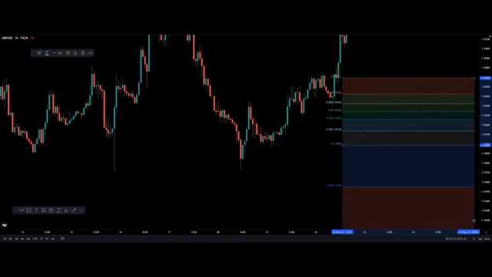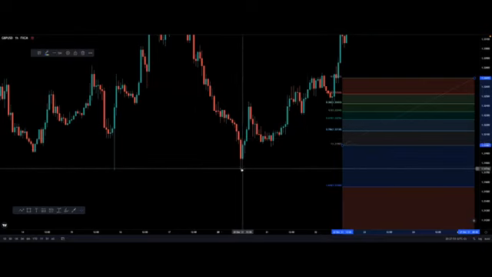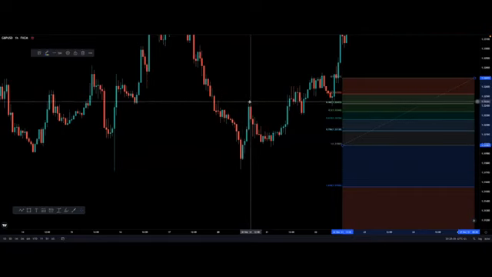So we'll have a look at this here on pound dollar, the hourly chart. Now here we've got the uptrend. If we use the fib retracement tool while we are bullish, we plot that from swing low to swing high, which means it starts here.